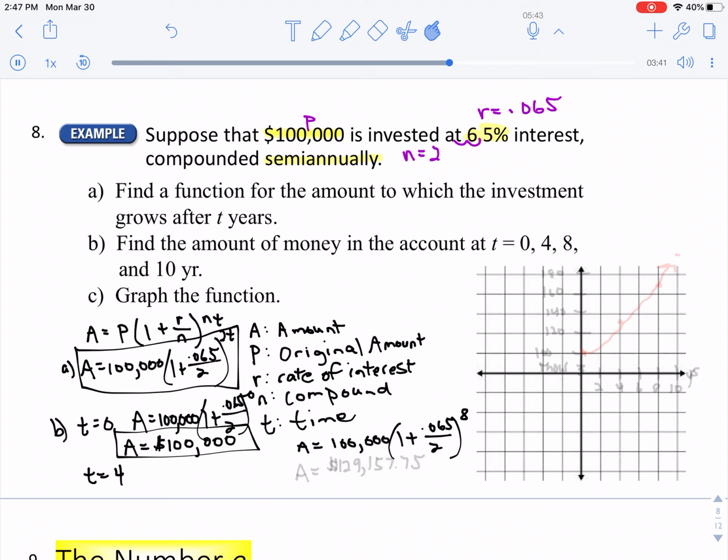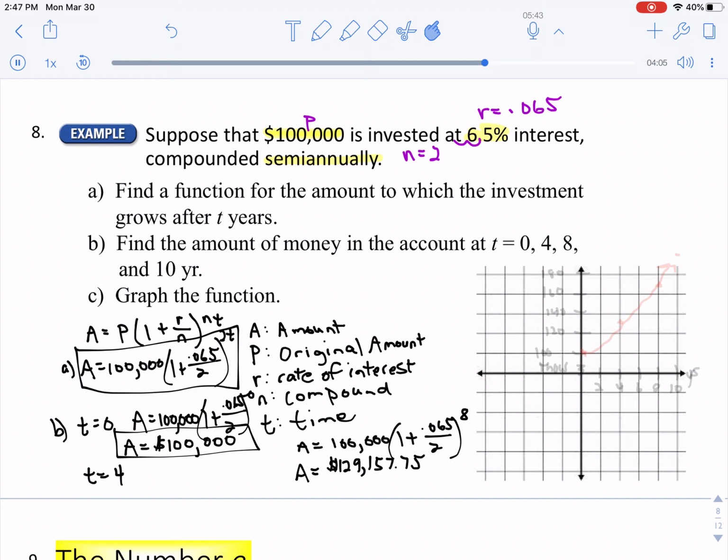All you can do at this point is put this in a calculator. It can't be done manually. When you get done, you will get $129,157.75.